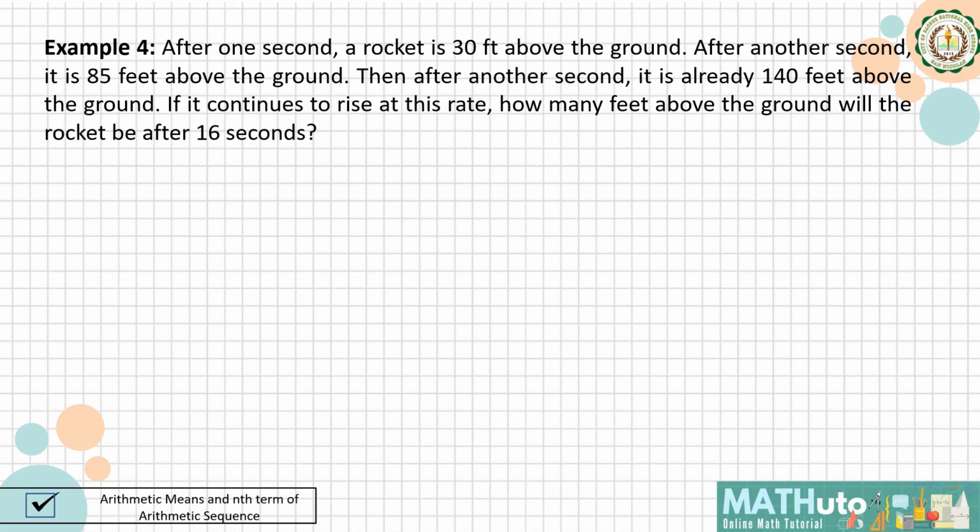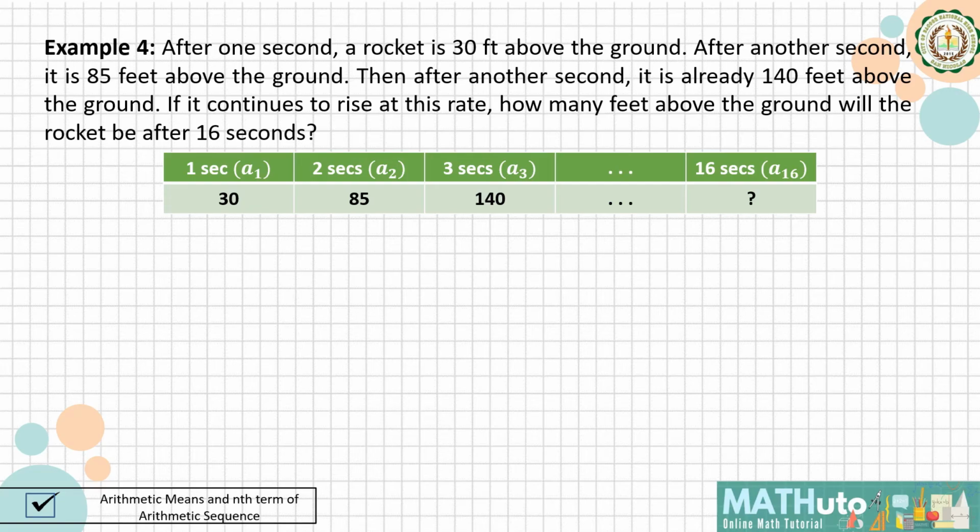Example number 4. After 1 second, a rocket is 30 feet above the ground. After another second, it is 85 feet above the ground. Then after another second, it is already 140 feet above the ground. If it continues to rise at this rate, how many feet above the ground will the rocket be after 16 seconds? In this problem, we can write this in a sequence.